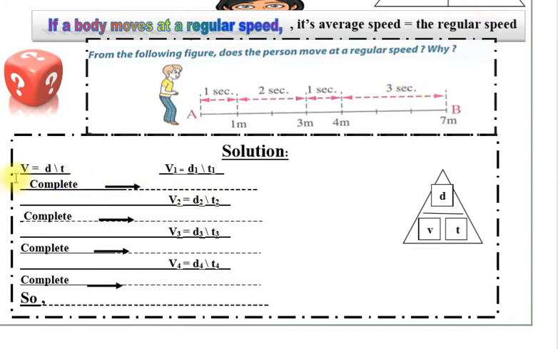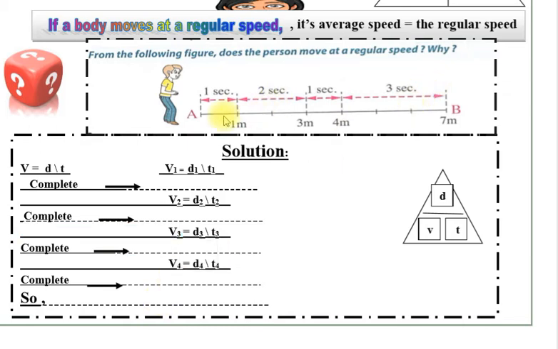So we have 4 speeds that can be measured by 4 distances divided by 4 units of time. So using the regular speed law, V1 for the first distance, V2 for the second distance, V3 for the third distance, and V4 for the final distance.